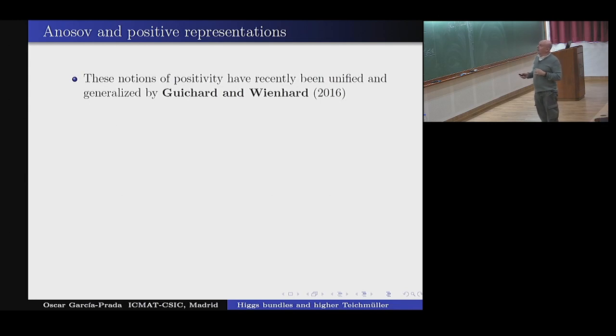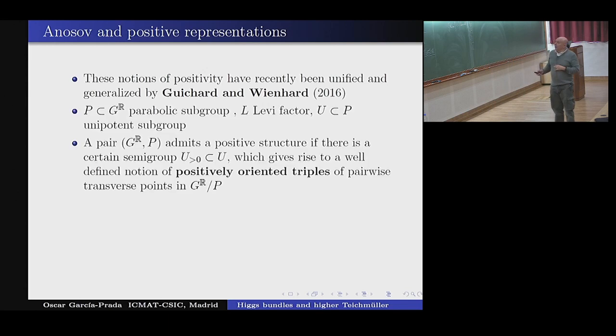And so, as I say, Guichard and Wienhard unified this notion of positivity, which was Lusztig's notion for split groups, and this other notion that had to do with causality for groups of Hermitian type and tube type. Again, this notion of positivity is not a positivity for a real group.